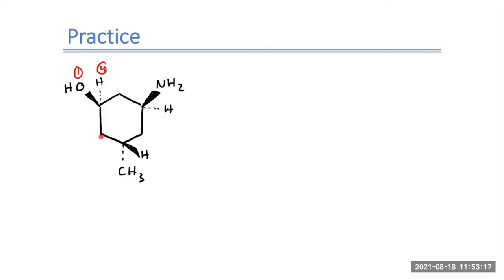They're both the same, which means we look next on the chain. Here, I have a CH with another C, so it has the C, H, C. Here, I have C, N, H, which means this group has a higher priority over this one. So that would be 2 and 3. So that means we have an R configuration.